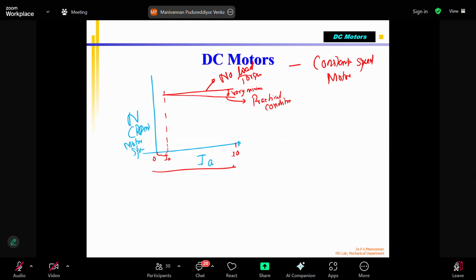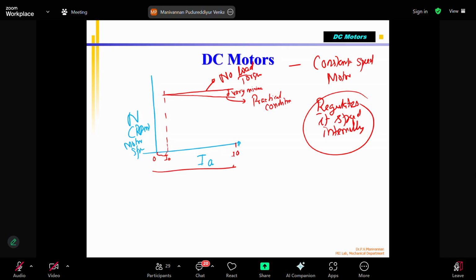In the previous slide we talked about VB. What happens to VB? That is the beauty of the shunt motor. Shunt motor regulates its speed internally, automatically. You need not apply anything. Speed is regulated internally.